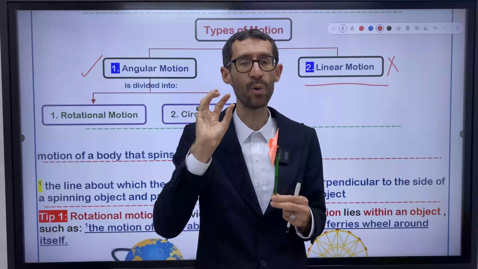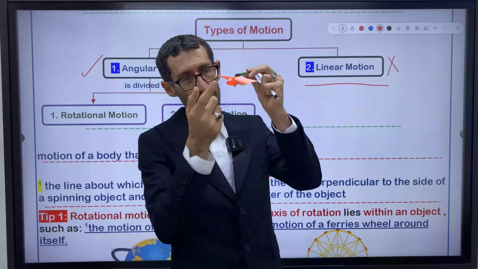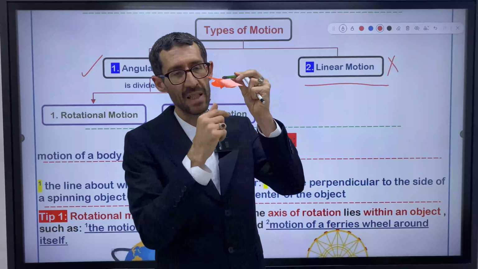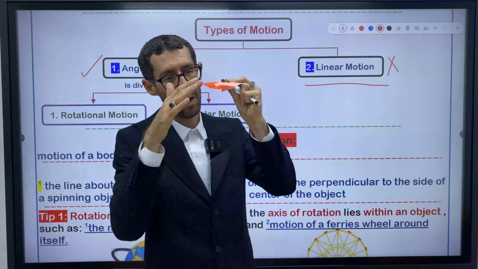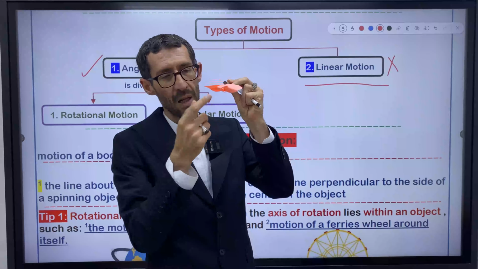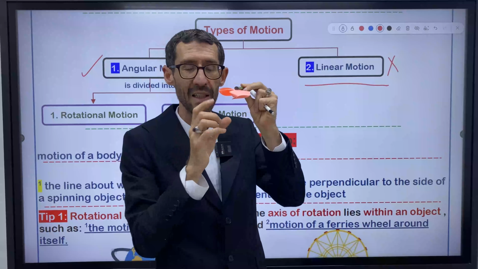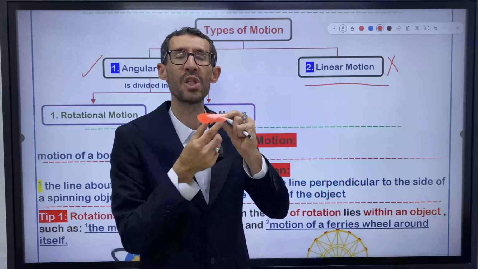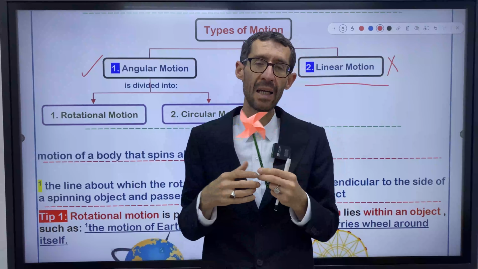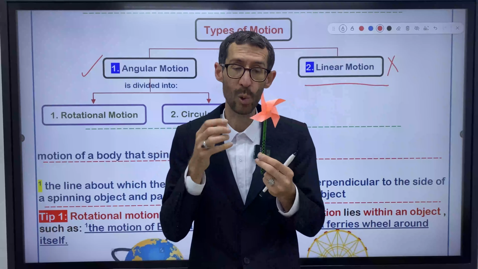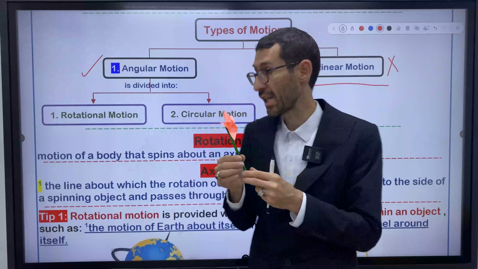The ceiling fan rotates about its axis, right? The motion of the object entirely, thoroughly, is called rotational motion. If you take the object as a whole system, the motion is called rotational motion.